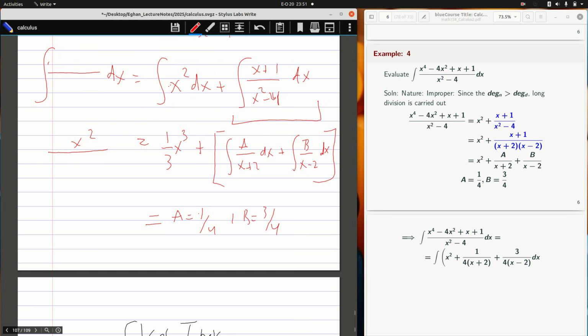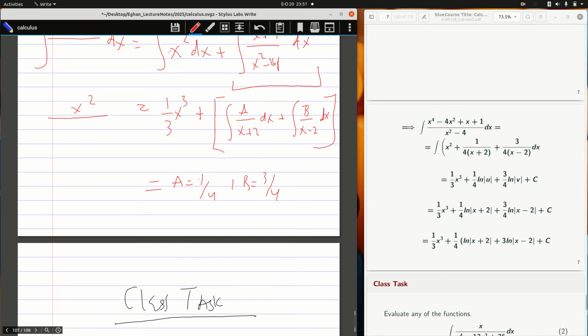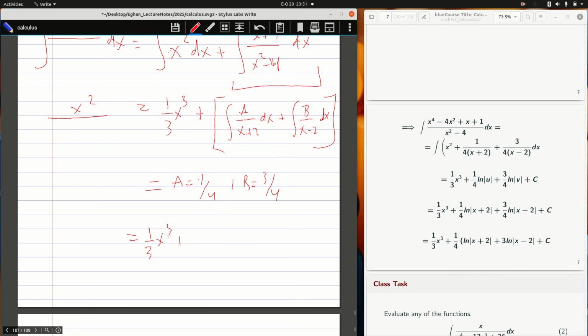Then you can just do the substitutions. It's the same as 1 over 3 x cubed, plus 1 over 4 times the integral of 1 over x plus 2, and then the B comes out as 3 over 4 times whatever I have remaining.